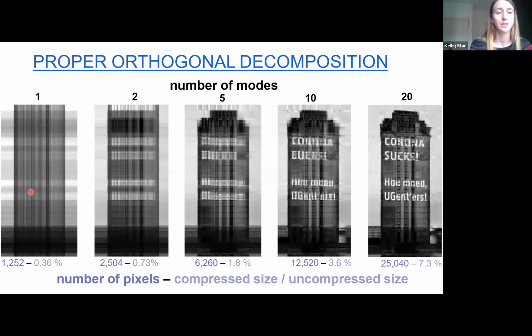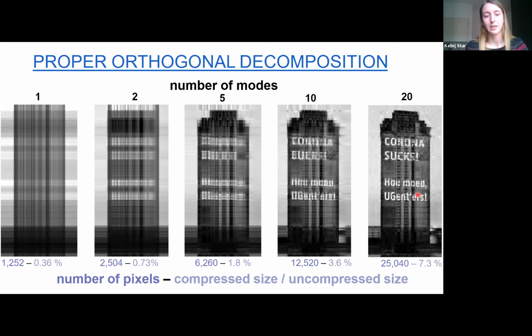It contains the core structure of our image, but I still can't see that it's really a building, or any text appearing. If I then also add the second mode, so this is the first and second mode combined, I can already see it's kind of a skyscraper or building, I could guess. I add a few more modes, and you can clearly see that the text is also appearing.